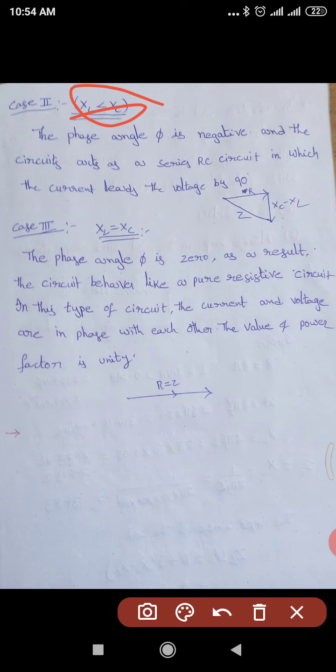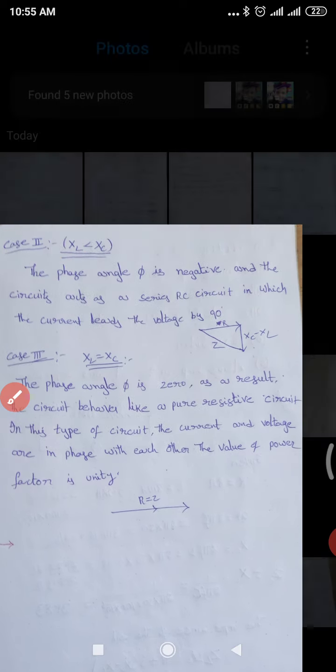So if it acts like a capacitive circuit, then the power factor is positive. The phase angle is negative, but the power factor cos phi is positive, and the current is leading, okay? And the phasor diagram is like this.